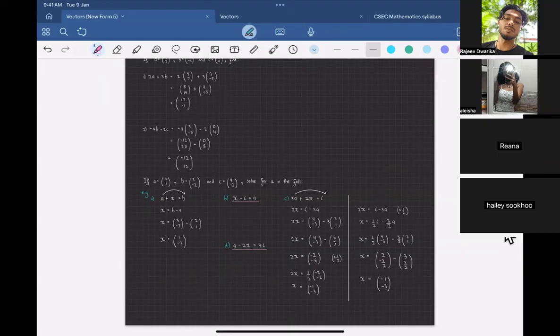For part D, when you move across the A, you're going to have minus 2x is equal to 4c minus A. I did that too though.